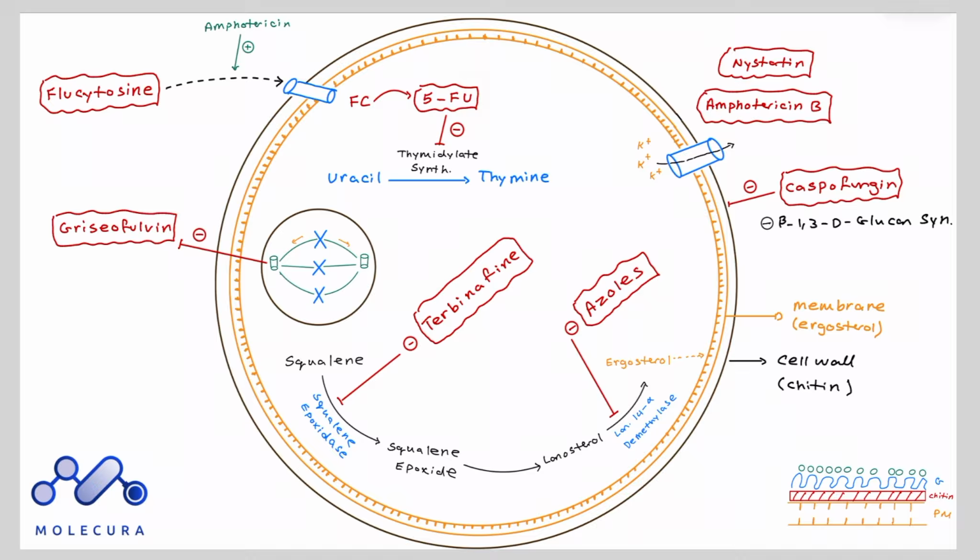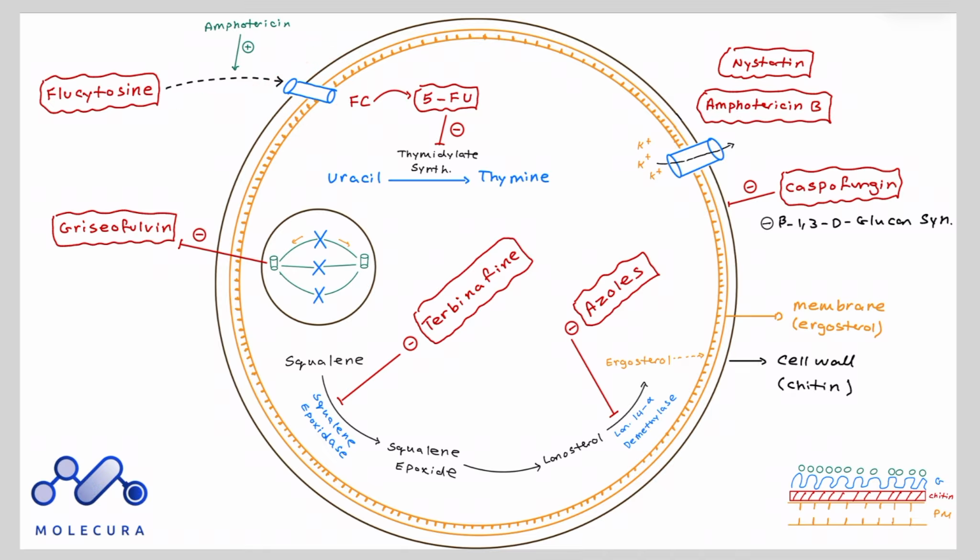This enzyme is responsible for converting the pyrimidine uracil to thymine. By this, it's inhibiting DNA and RNA synthesis and is going to have a detrimental effect on replication of the fungal cell. We also talked about how amphotericin B can create a pore that is going to make it easy for flucytosine to get inside the cell.